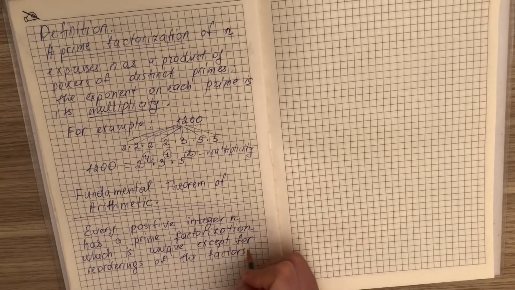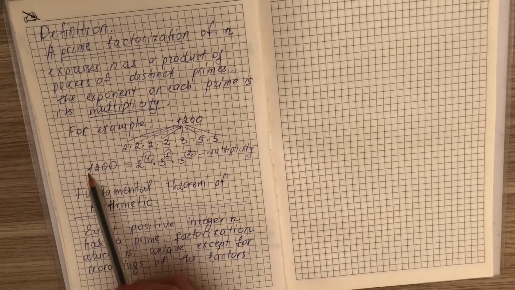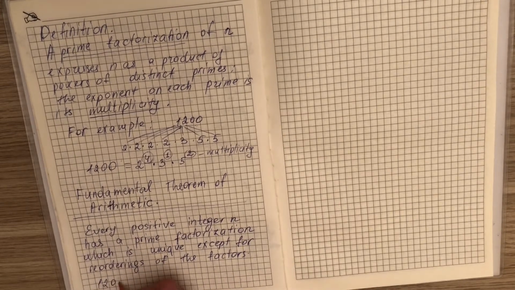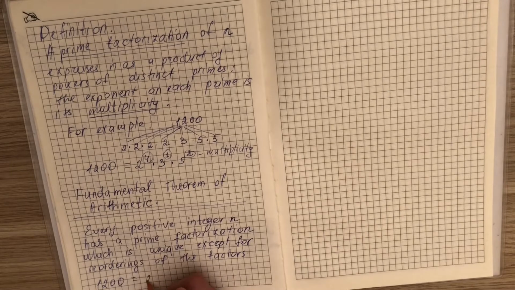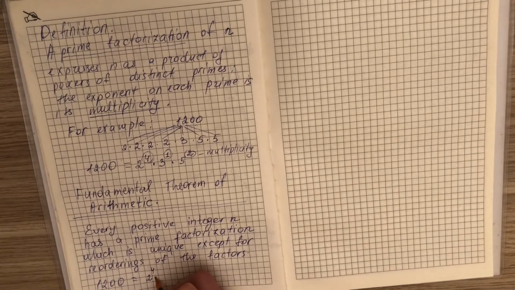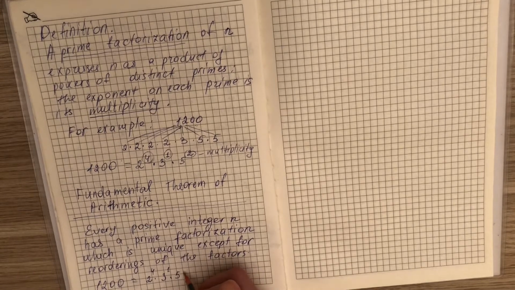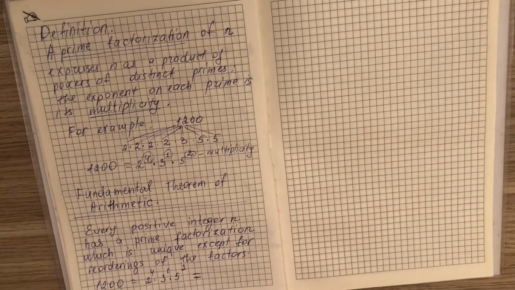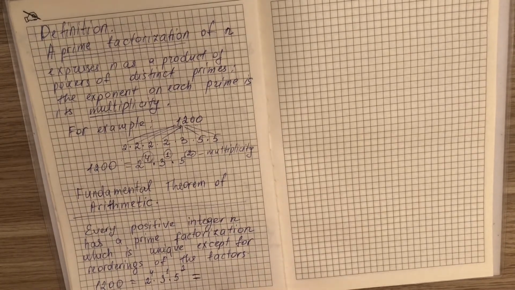What does it mean? As we mentioned above, 1200 is equal to 2 to the 4 times 3 to the 1 times 5 to the 2. The result will not change if we reorder the factors.